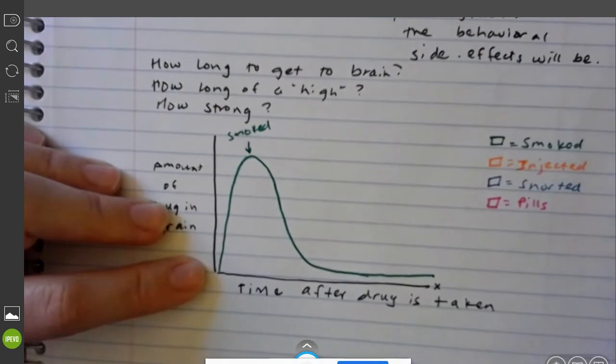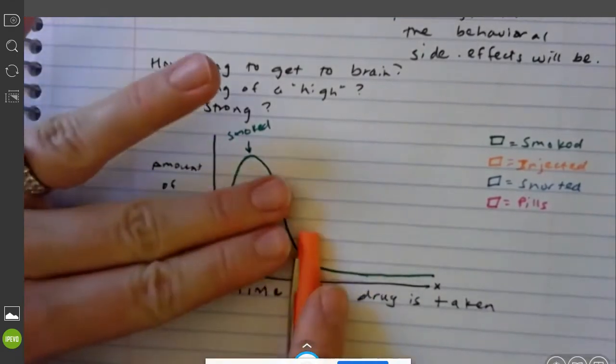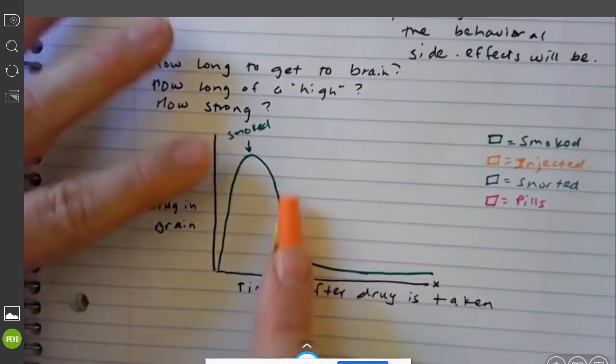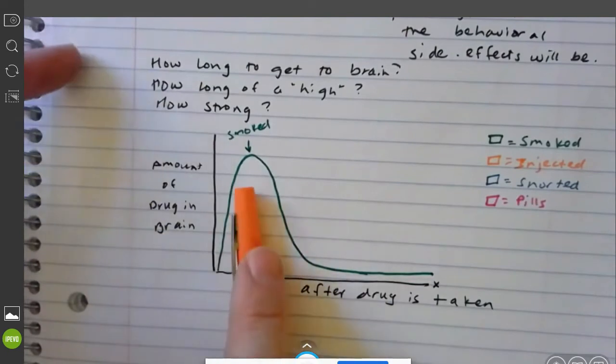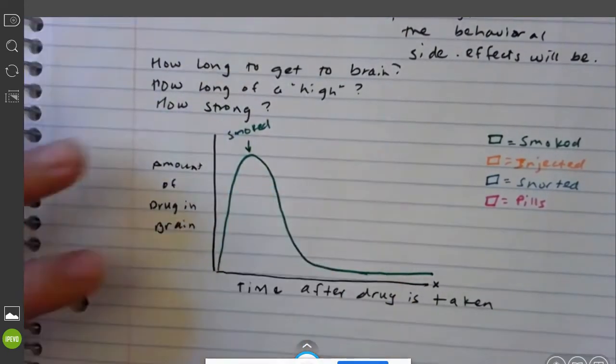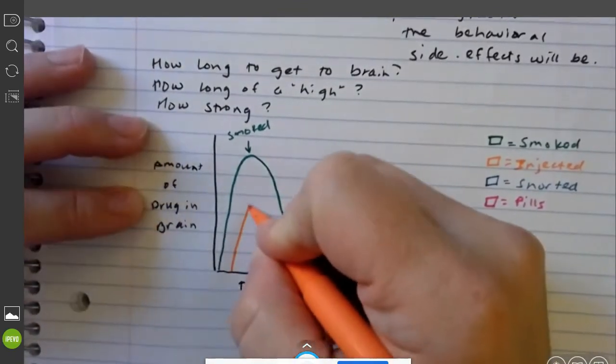The next one will get to the brain almost just as quick, but just a little bit slower, but it's going to lead to a stronger amount of drug in the brain because, like I told you, it's not smoked, so the drug is going directly into the blood without any escape in the smoke. So this one's going to get to the brain slower, but you're going to have a stronger spike right here.